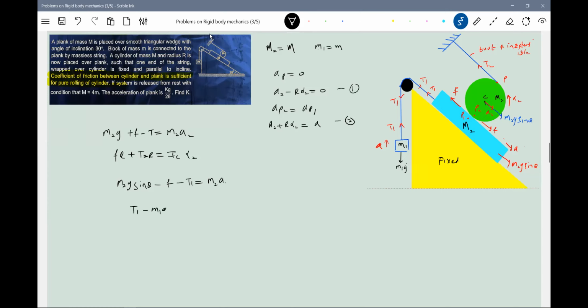Then T1 minus m1g equals m1 a. Solving all this, we'll get the required result. And the information we have is that m is 4m, so here m2 is in fact 4m1.